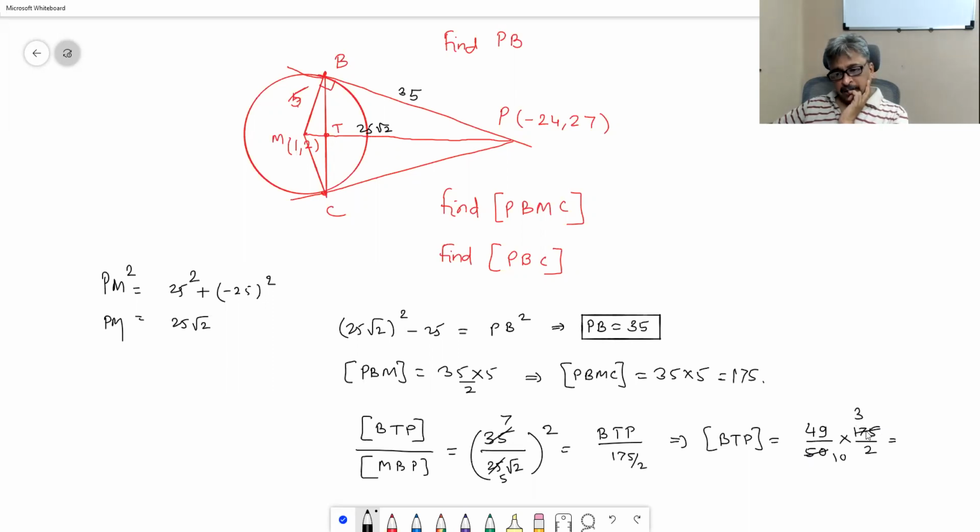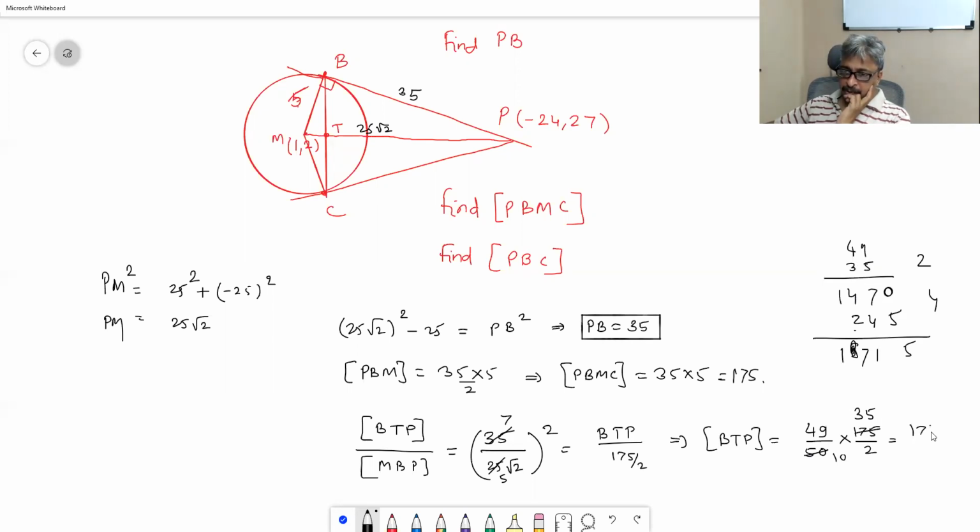So 5 5 25, 35 times 49 into 35. 1715 divided by 20. That is the area of BTP.